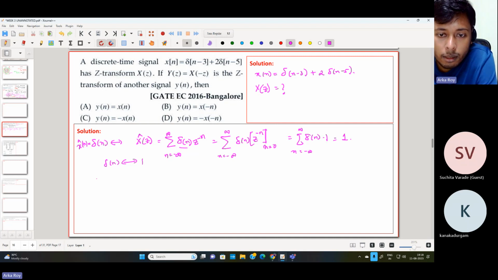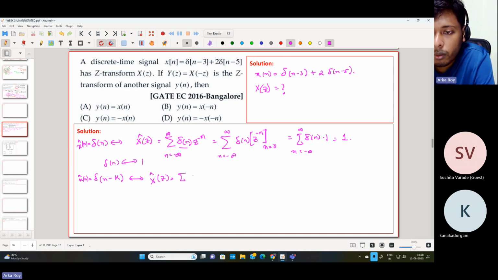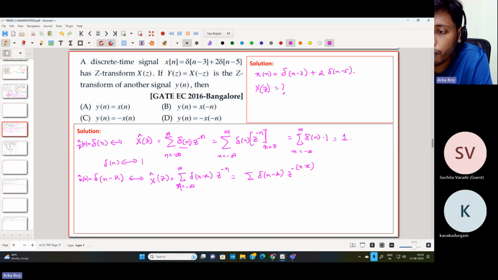And if I have delta[n minus k], let us consider x[n] is now delta[n minus k]. The z transform will be the sum of delta[n minus k] z to the power minus n, n equals minus infinity to infinity. This has to be evaluated at that particular location.